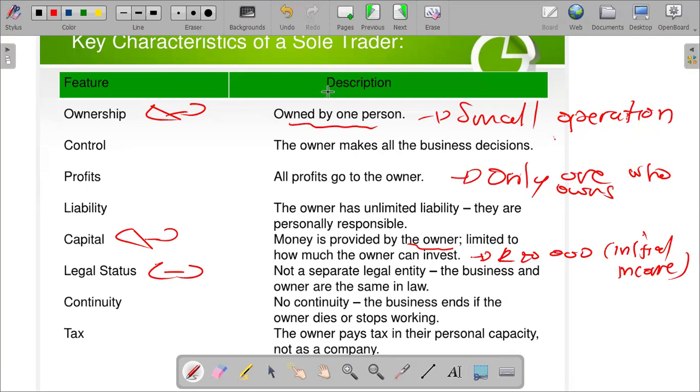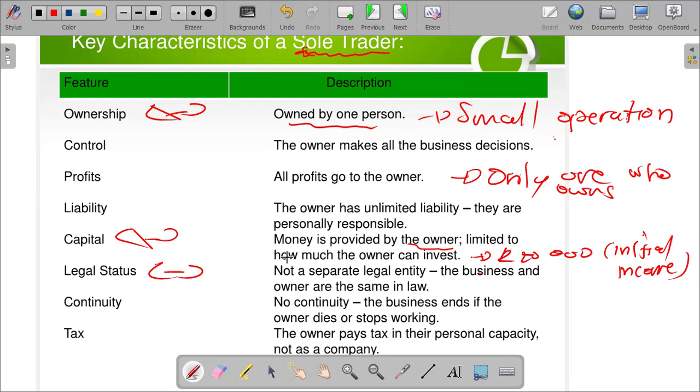As a sole trader, you won't have a separate legal entity, meaning if your business finds itself in a court of law, as the owner of the business, you'll be liable to take that matter into your own hands. The business and the owner are the same in the law. So whatever the business does, it will impact the owner in the case of a sole trader.